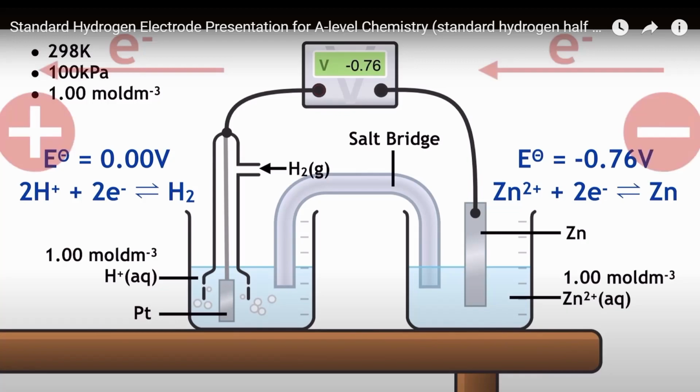Our table is a table of standard reduction potentials. So when you hook it up this way with the hydrogen electrode on the left, you will be measuring the reduction potential of the element, whatever it is on the right-hand side. If you were to hook it up the other way, if you switch the SHE and the zinc, you would be measuring its oxidation potential. Okay?